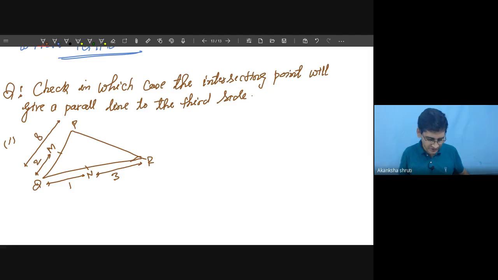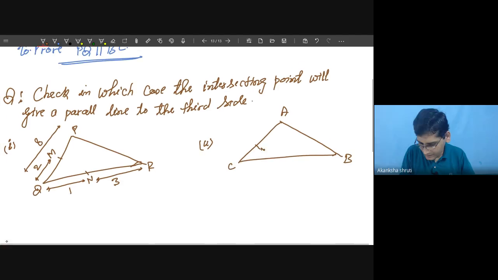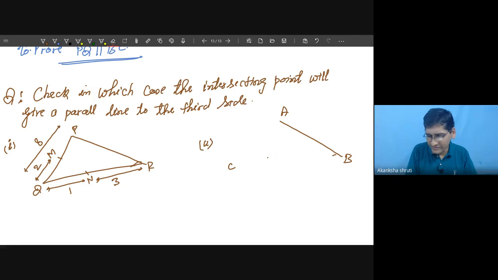Okay, this we have to check. The second one, take one more question. One I will explain and the other you have to do. Take one more. Consider this A, B and C. Another ratio is like this, or it may be given itself. So take it.